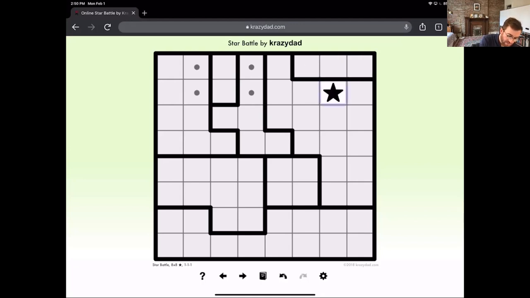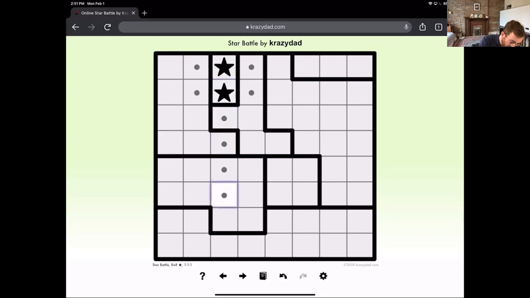So how do you go about solving the star battle puzzle? Well, again, you need to always consider complements. Where can a star not be? Well, if there is a star here, necessarily there has to be a star inside one of these spots, either here or here, we don't know which one. And there's only one star in each column.